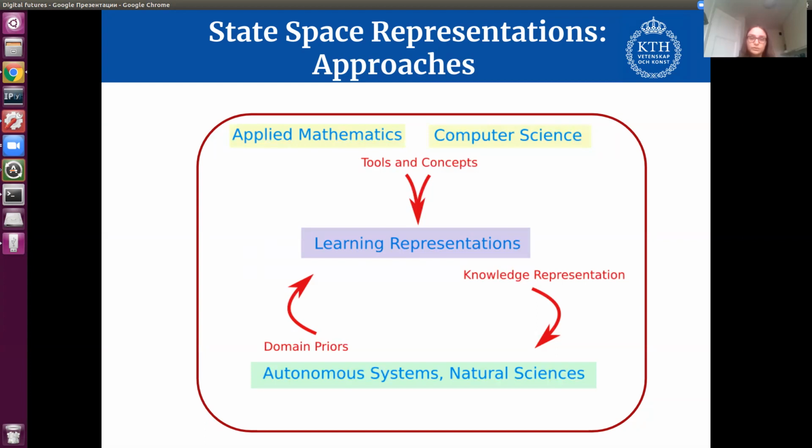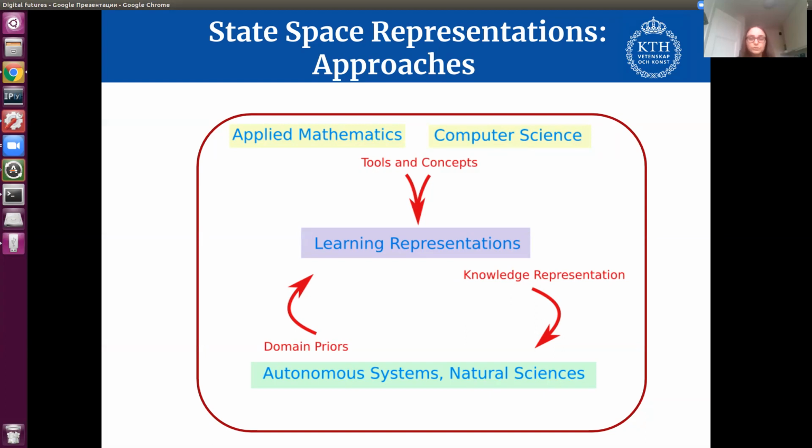I use this mixture to represent state spaces in various areas such as autonomous systems, mostly robotics, and molecular sciences. What is important for me personally is to find a good balance between tools and concepts that we borrow from mathematics, purely analytical approaches, and learning-based approaches that allow us to deal with real-world data.